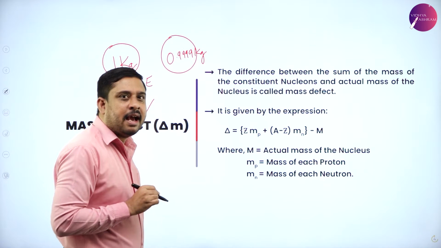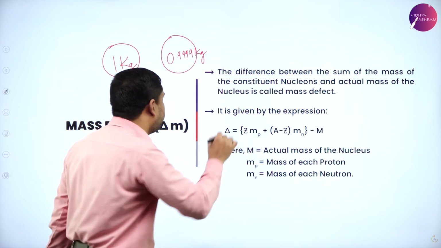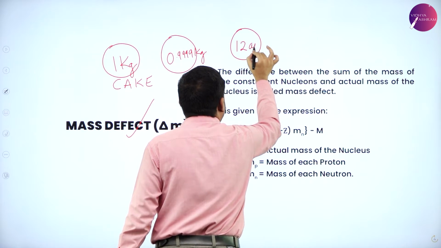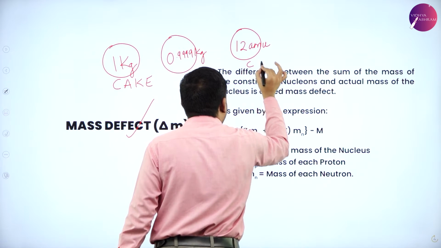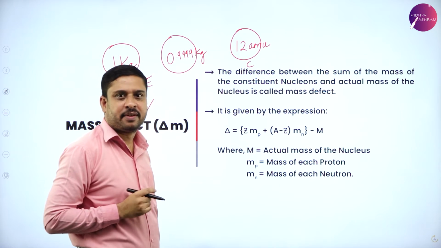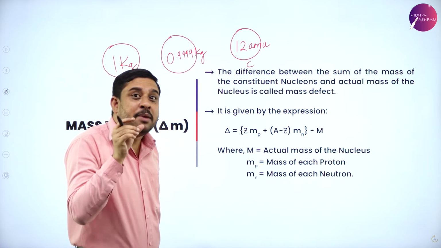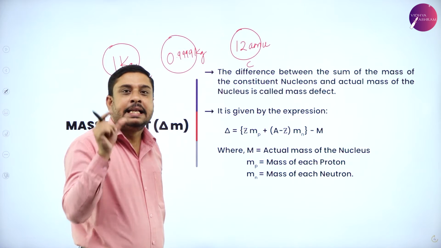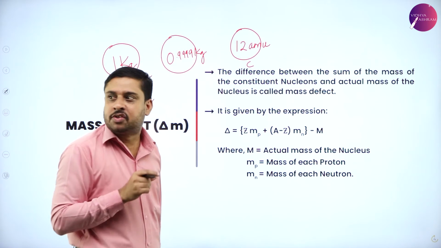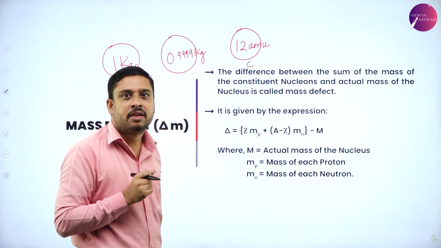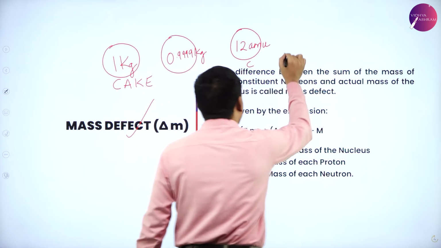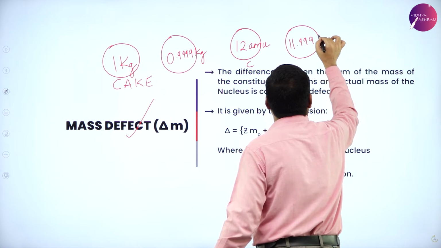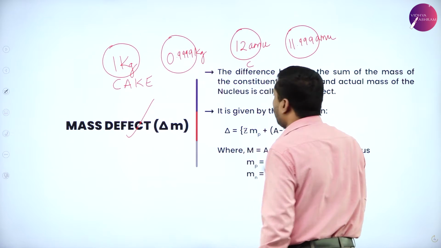Similarly, I will consider carbon, whose actual mass is 12 u. I assume carbon 12. But when I measure the sum of the mass of its constituent particles, protons and neutrons, it turns out to be 11.999 AMU.